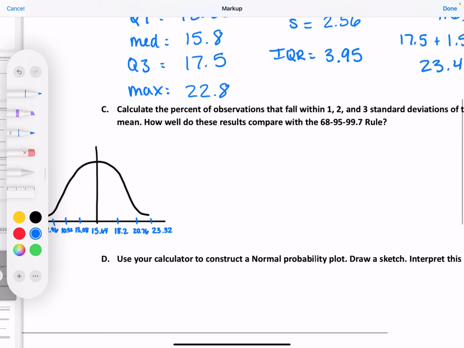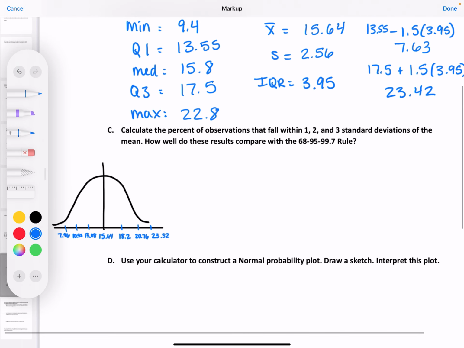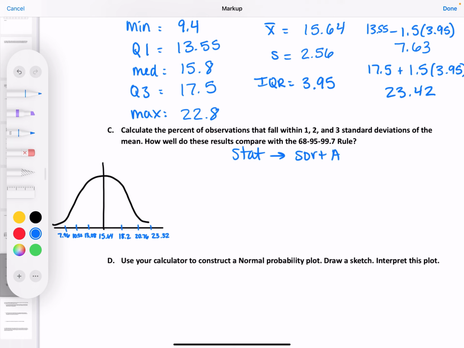All right, so then it says to calculate the percent of observations that fall within 1, 2, and 3 standard deviations of the mean. So you could go through the list and sit there and go through all 44 numbers and try to keep track of how many it is. But if you hit stat on your calculator and then sort, and it'll say sort A, and then it'll bring up a parentheses, you can type in L1 to that, and it'll sort the numbers in numerical order for you.